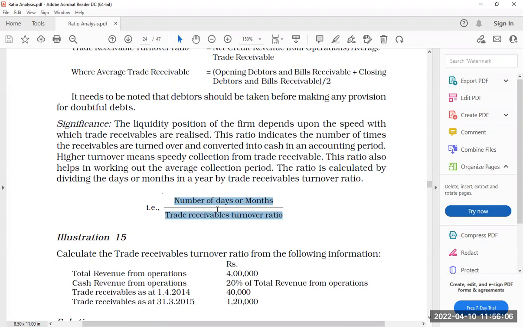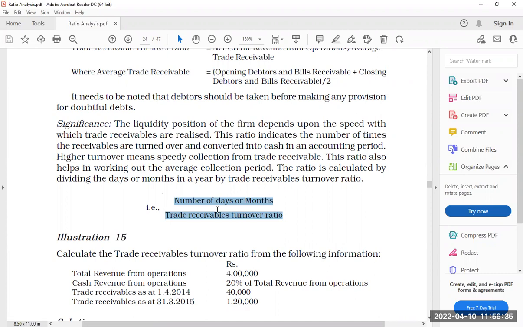So which is good now? How quickly I am collecting. In the fourth case, only within 90 days I am able to collect my debt. So the higher the receivable turnover ratio, the better the efficiency of the collecting capacity of the company. So this formula also you have to keep in mind: number of days in a year divided by receivables turnover ratio will give me average collection period.